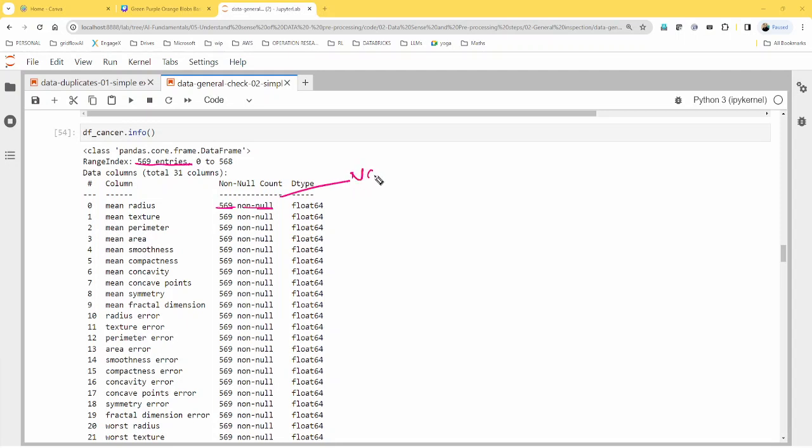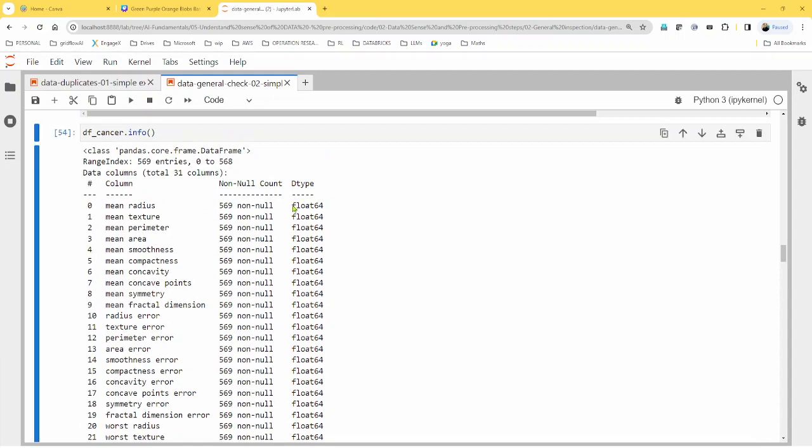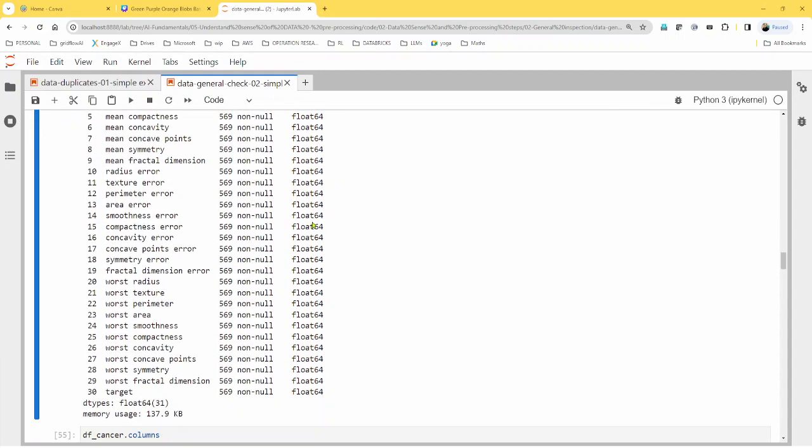That means there are no null values, and you can clearly see there are no null values. So this is quite good. You also get to see what type of data that you have, float, which is again quite good for machine learning. And categorical data will be represented differently, with the value under this column being called object.